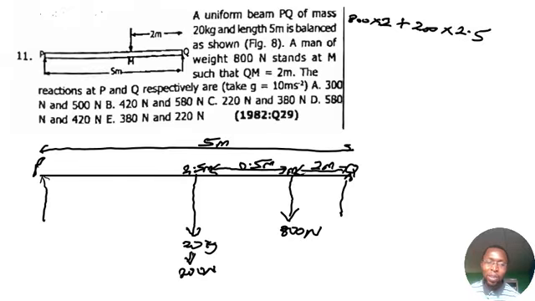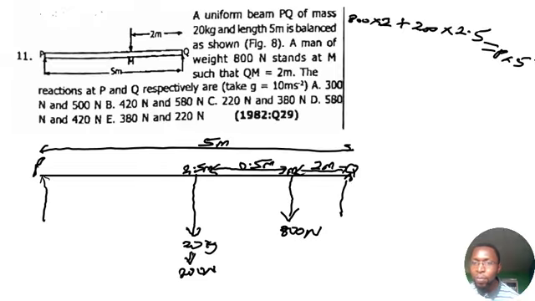You can now look at this P here. The P is the one that is going in the anti-clockwise direction. This force is going down, the P is going up. Now the perpendicular distance from P down to this Q is 5. So it's going to be P times 5.